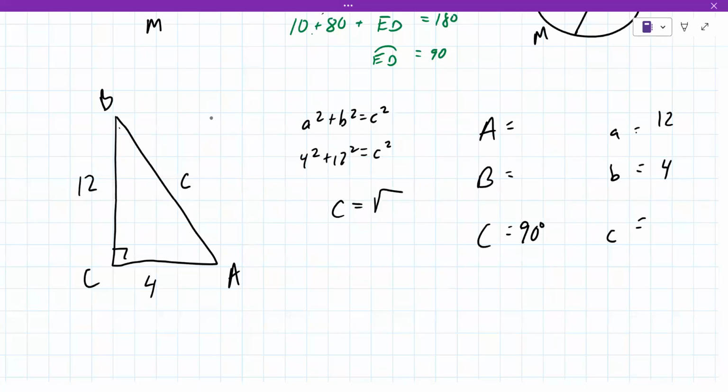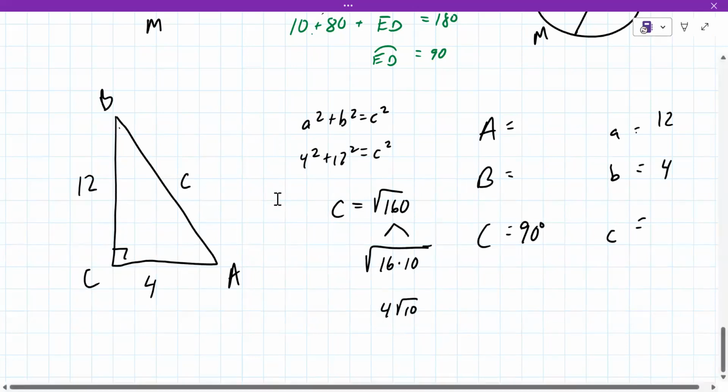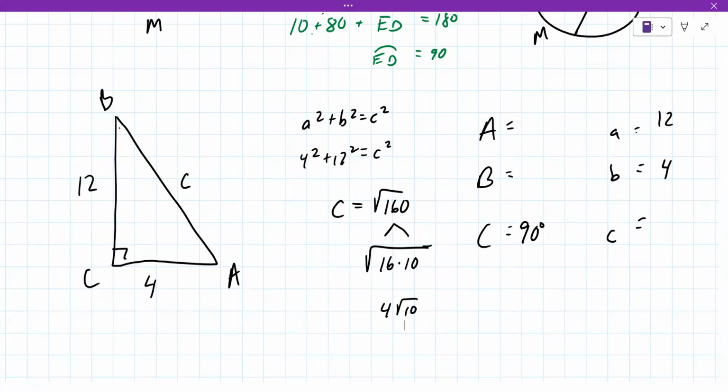Yes, but you have to be able to reduce that, I assume. You can probably by this point know that it's the square root of 16 times 10, which becomes 4 root 10. If you're comfortable, otherwise you kind of got to do an expansion on it.